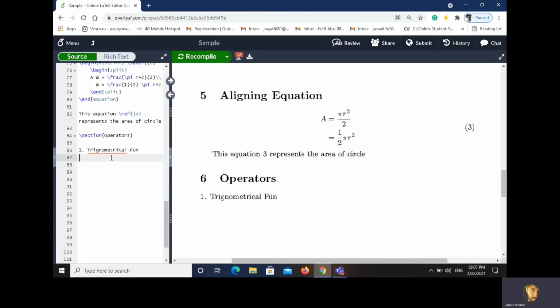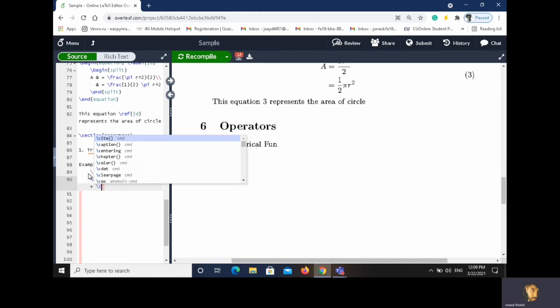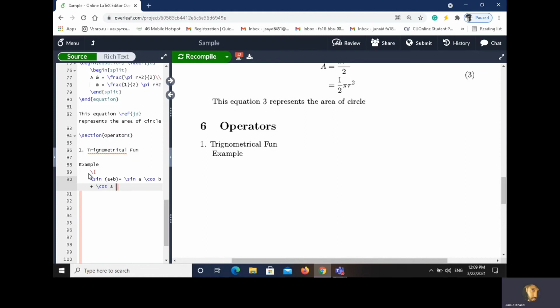Let's compile and take an example. So bracket start, sine alpha plus beta equals to sine alpha cos beta plus cos alpha and sine beta. Let's bracket close, compile, control enter.